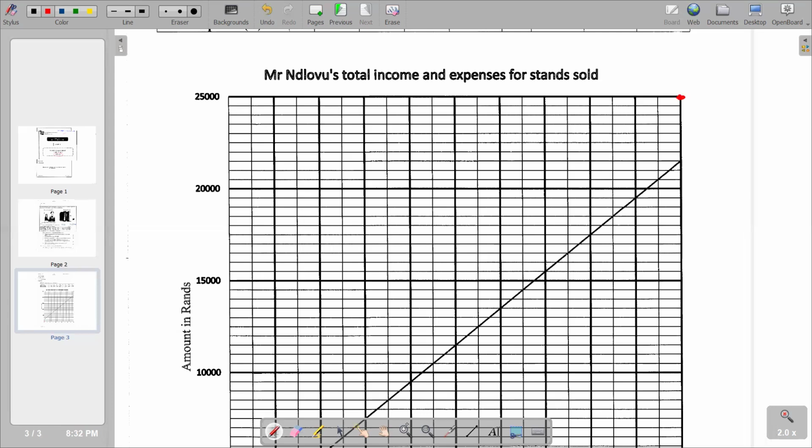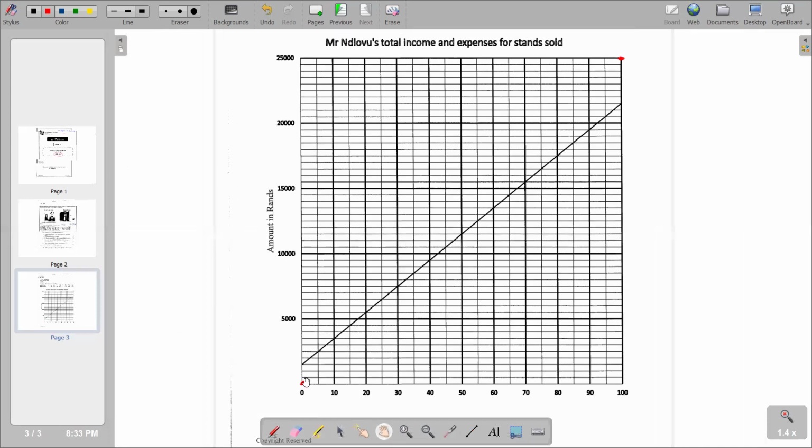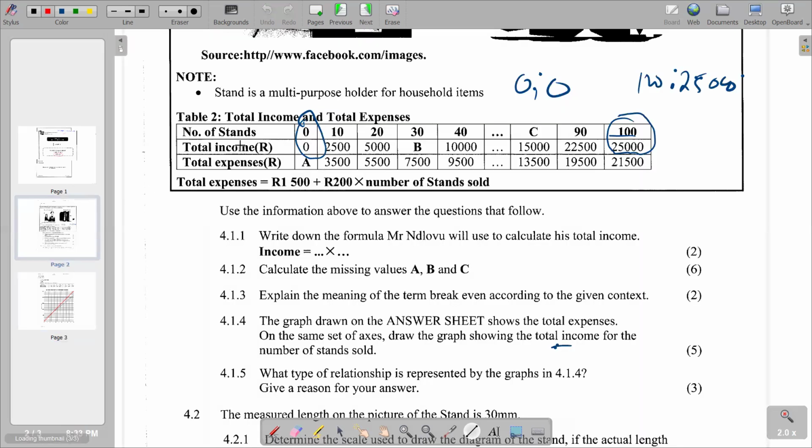So in other words, if we zoom in, we want to connect these 2 points, that is this point which is 0, 0, and this point which is 100 is 25,000. So we just connect them with a straight line. So this becomes the line for our total income.